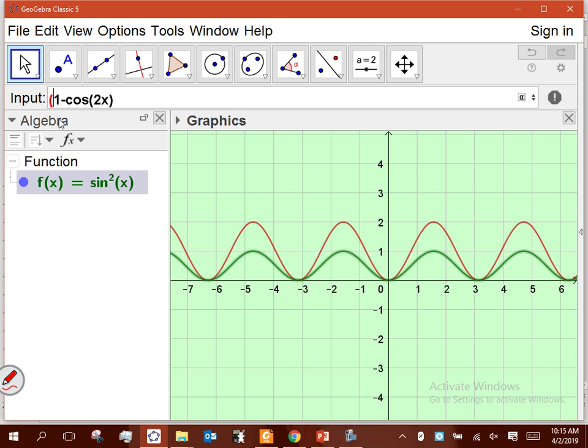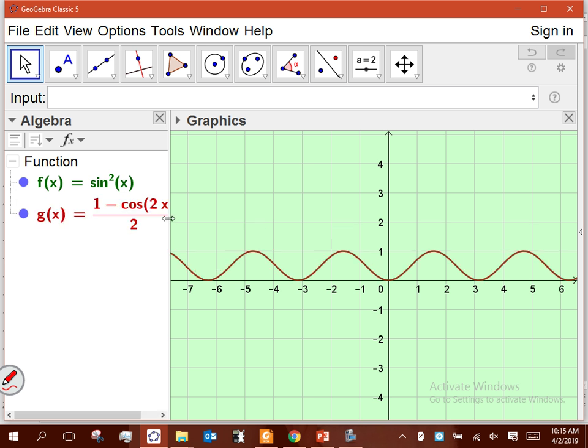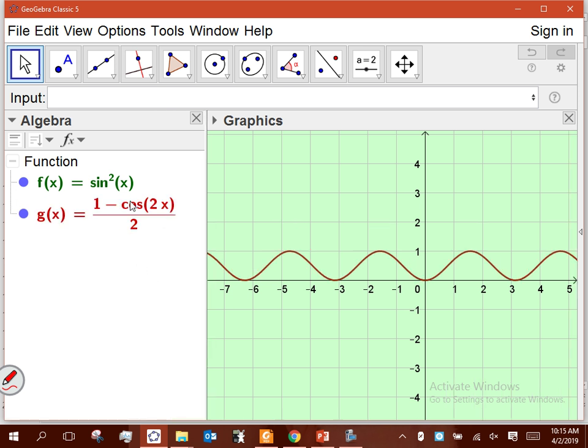It's twice as high. So let's undo that multiple of 2 by dividing by 2. And we get the same curve, right? Okay. Right there, that relation: sine squared x is equal to 1 minus cosine 2x over 2.